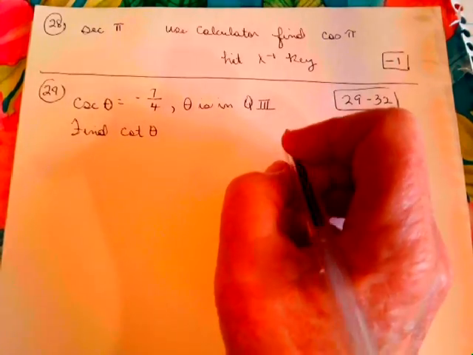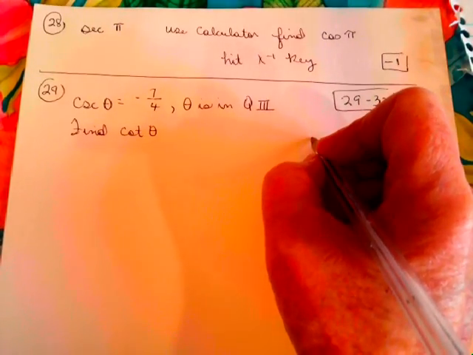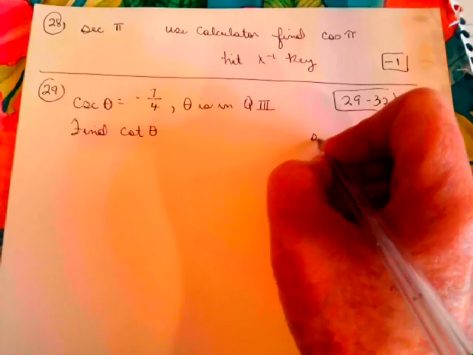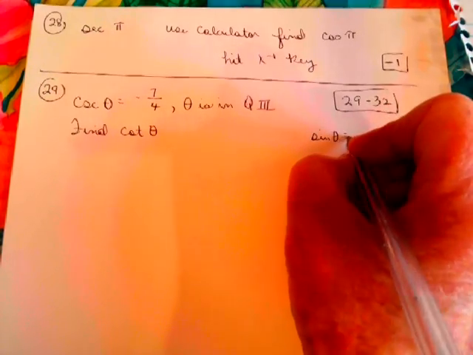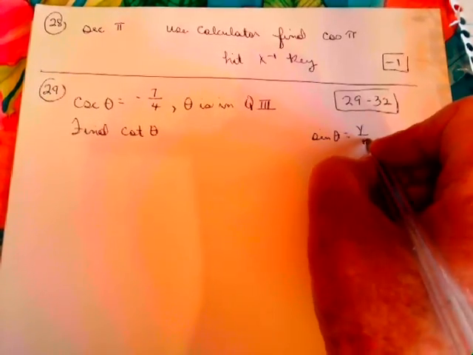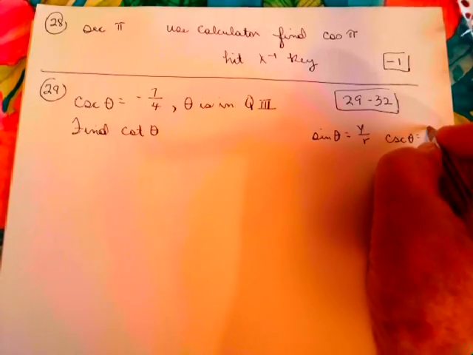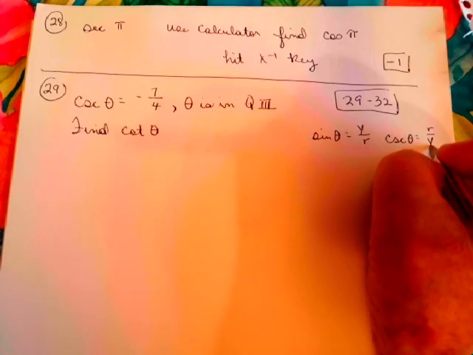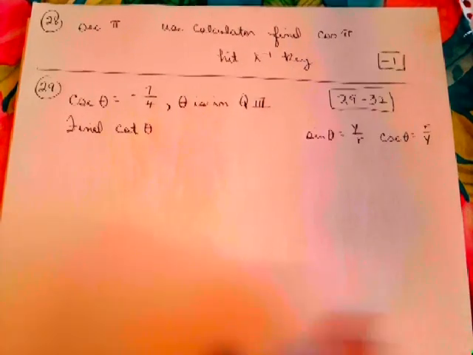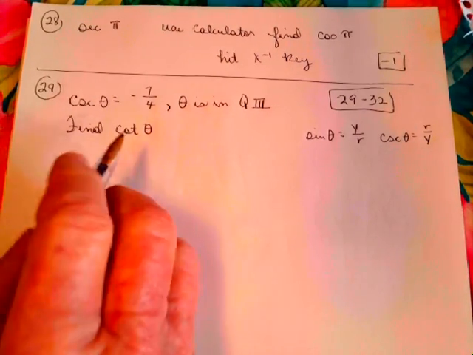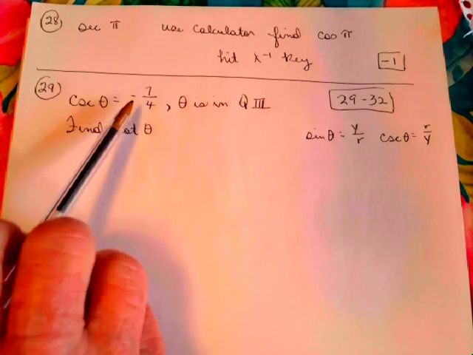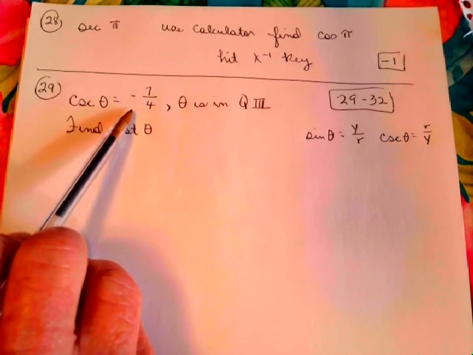You got to do a little thinking. You know that sine of theta equals y over r. Cosecant of theta equals r over y. So the information they've given you is they have told you r and they've told you y.